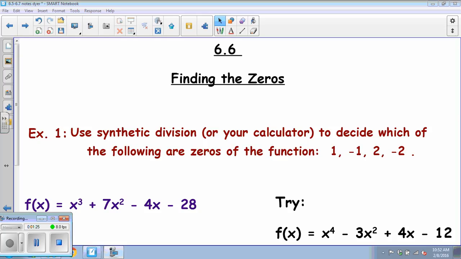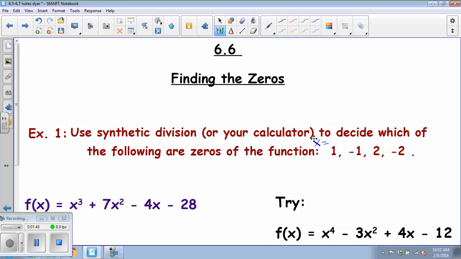The remainder has to equal 0. Remember, these are values for x, right? So if we want to know if x equals 1 is a solution, we could do synthetic division. If our remainder is 0, then yes, it's a solution. If it's not 0, then no.